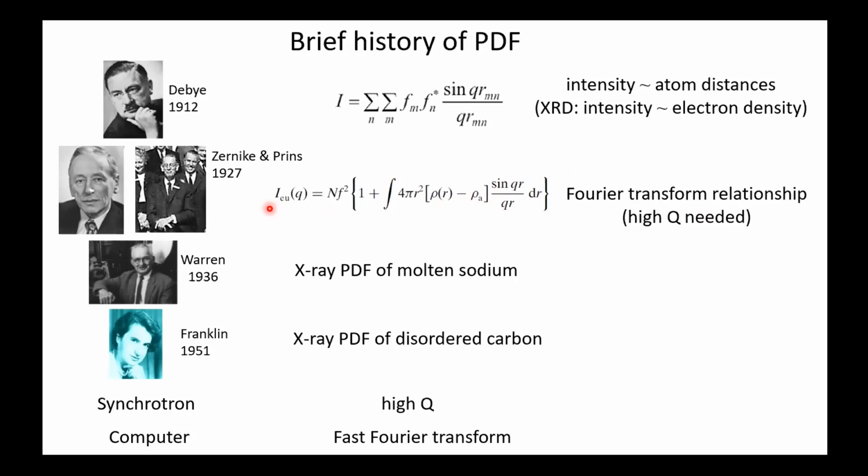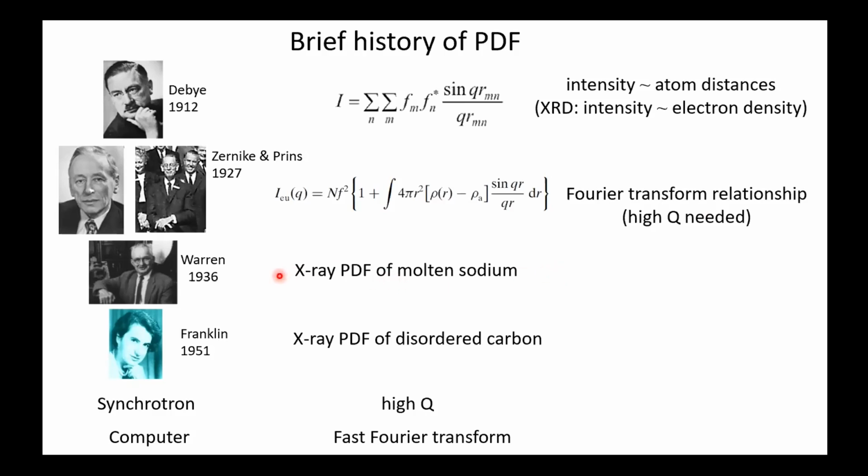And then gradually there were some PDF experiments. One was started by Warren back in 1936. He was the first one to measure the X-ray PDF of molten sodium. And the data quality cannot compare with what we have today, but he did correctly get at least the first sodium correlations in his data.